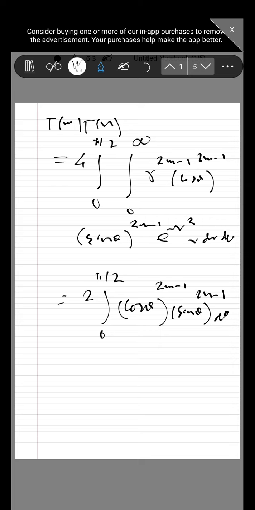This is for the theta part, multiplied by the integral 0 to infinity r to the power 2 into m plus n minus 1 e to the power minus r square dr.